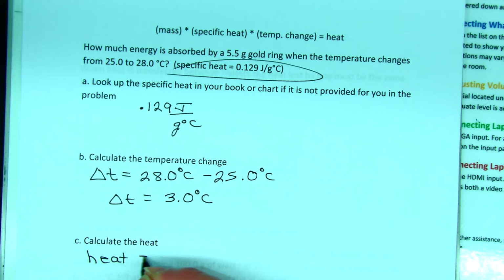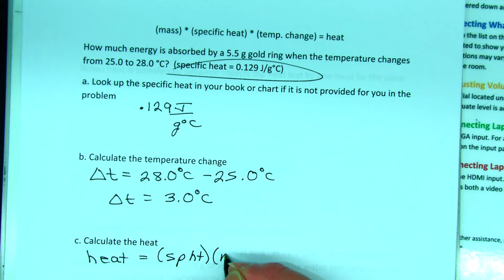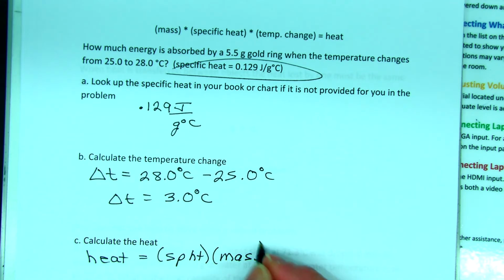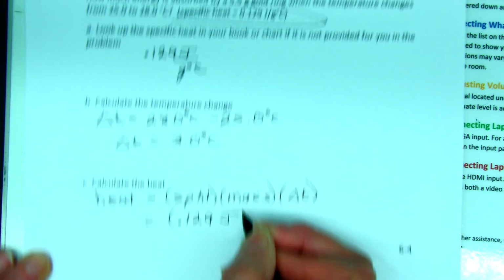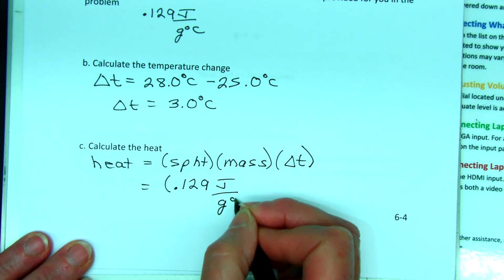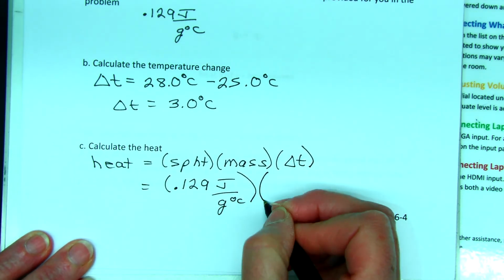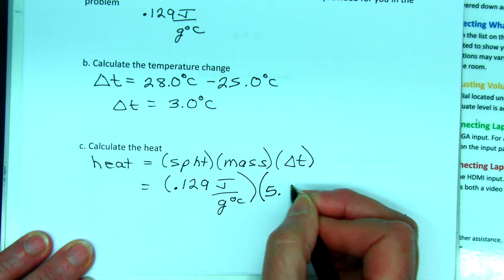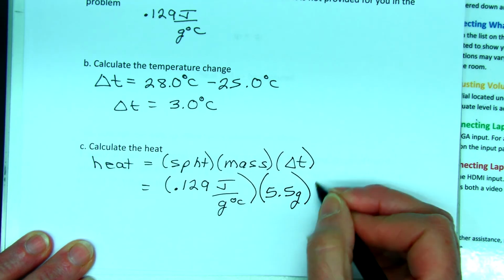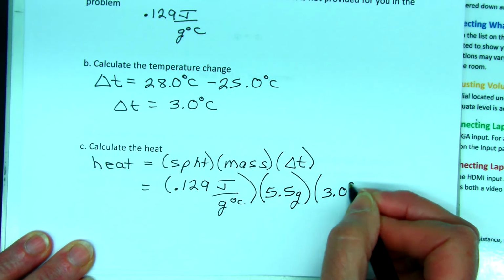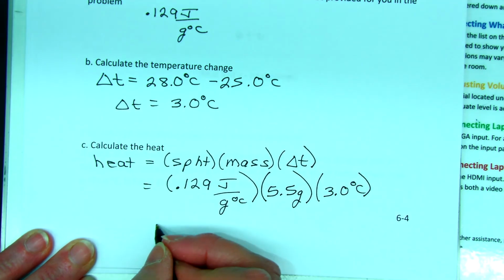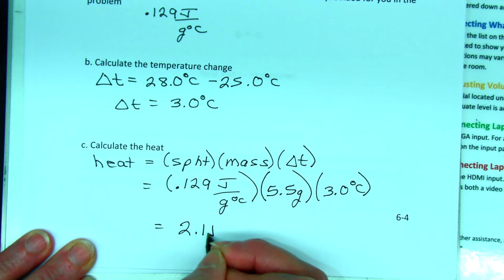The heat is equal to the specific heat times the mass times delta T. So that's equal to 0.129 joules per gram degree C times the mass, 5.5 grams, times the temperature change, 3.0 degrees Celsius. So we get 2.1 joules.